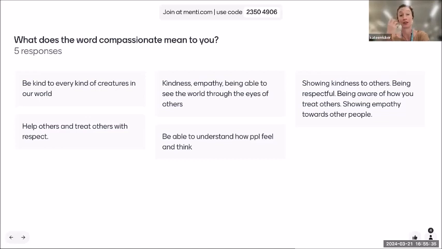And getting this shared definition and allowing some time for reflection. And I know I'm being quite slow here, right? And I'm trying to leave some time in the webinar for it on purpose, because I want it to be quite a slow, reflective process, because this is the first step in making it a thinking process.